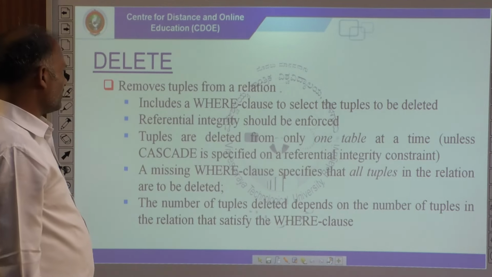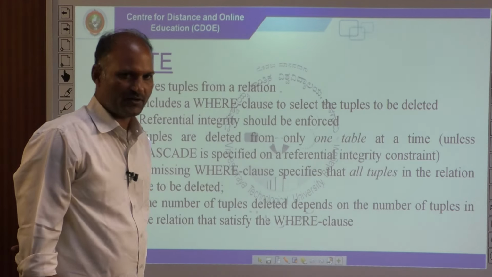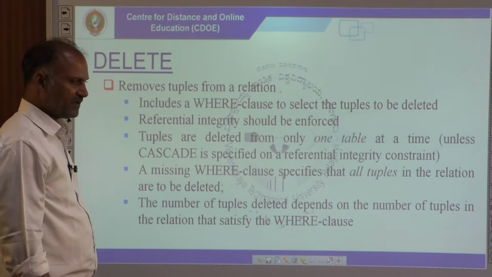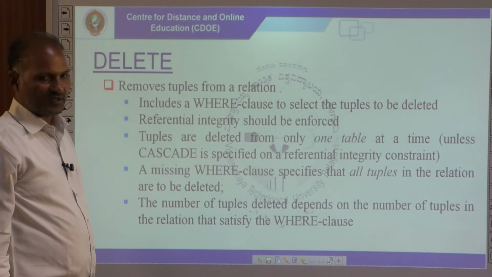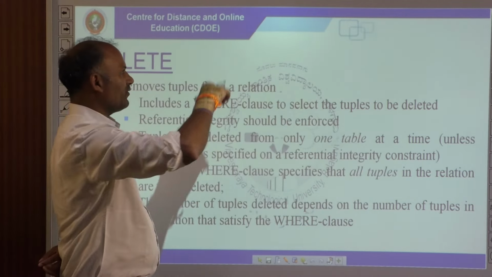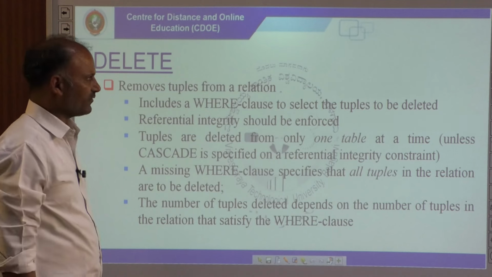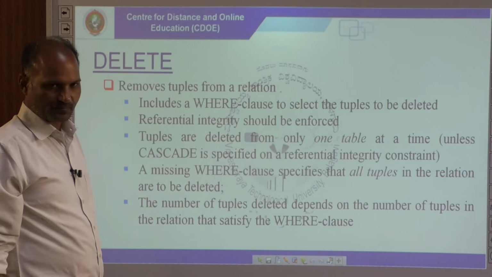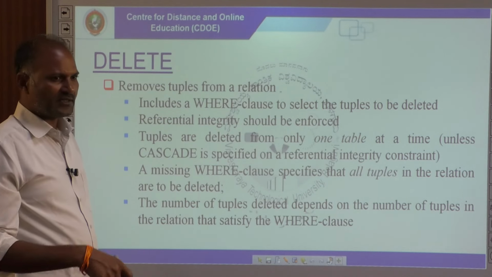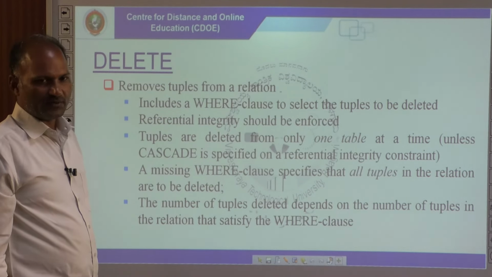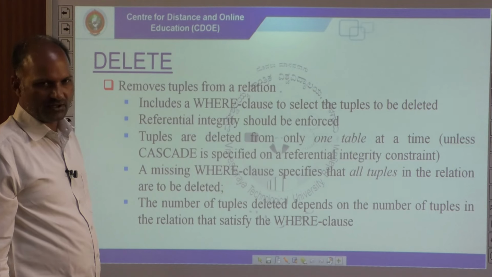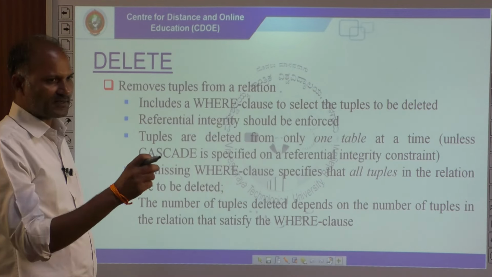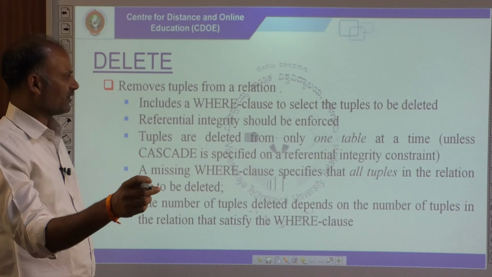Now, referential integrity should be enforced. It means that for the foreign key values, in the database we always try to store the information in a parent and child relationship. It is a rule that the parent record cannot be deleted while its value is present as a part of the child.